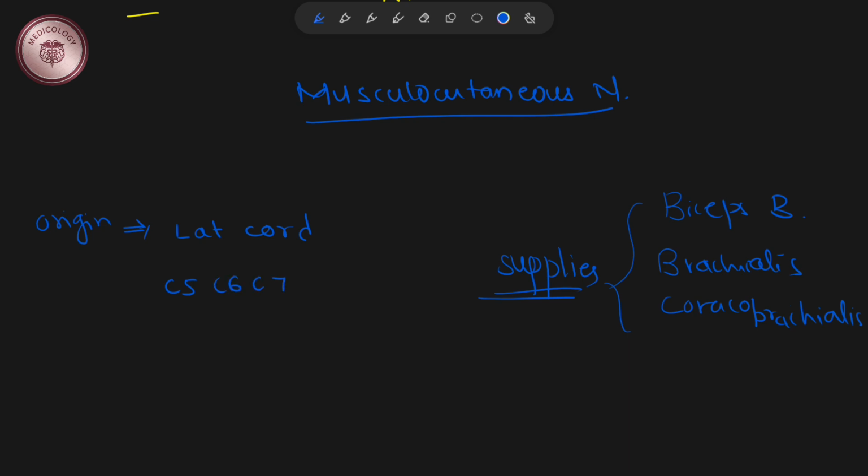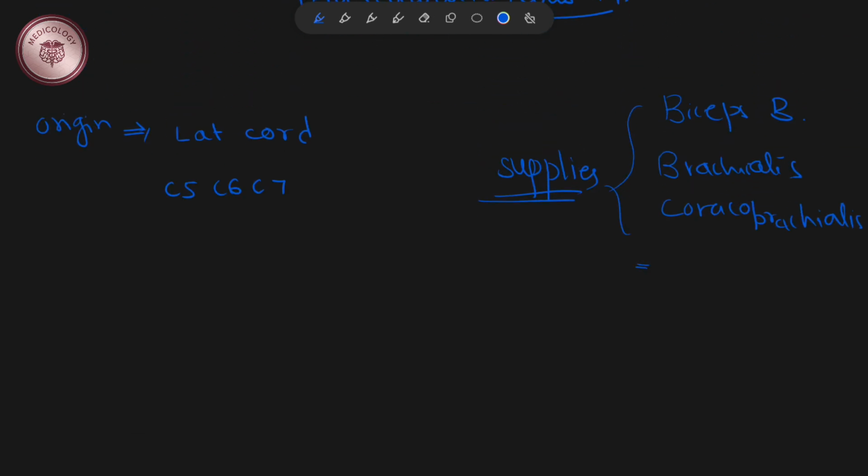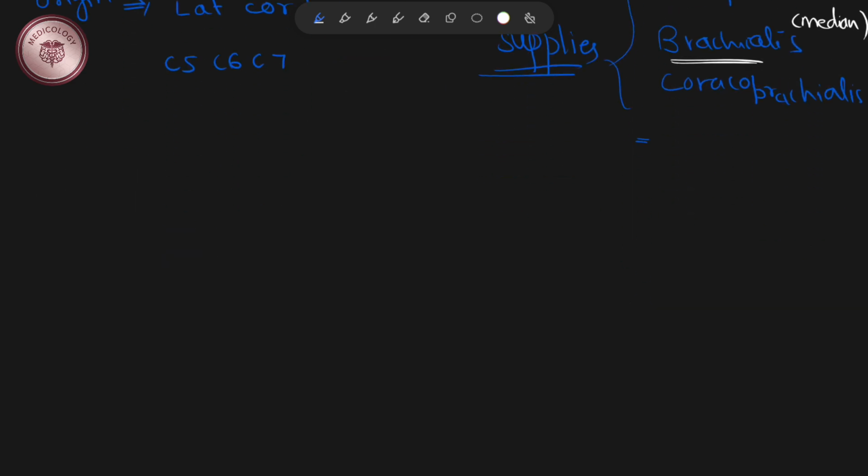Okay, so next, these are the motor supply. But in the brachialis muscle, it is only giving a branch to the medial part of the brachialis.